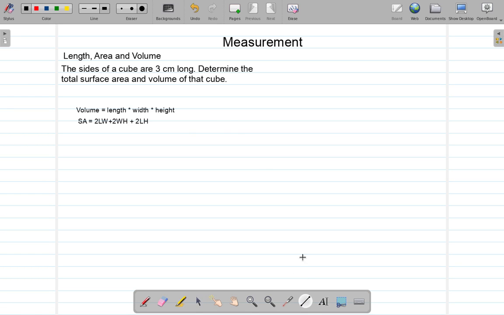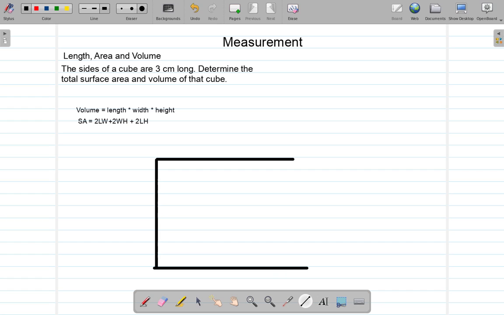Now, let us draw our cube. Let me bring this down a little. I want to draw our cube. So I have each side 3 centimeters.